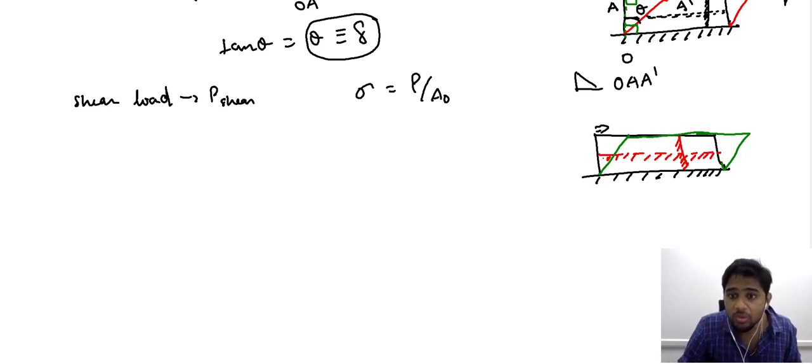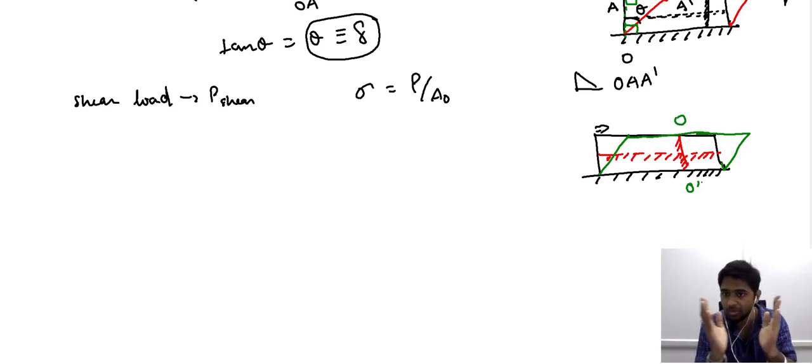However, when you consider this cross-sectional area, you see a sliding action in response to the shear load. So this cross-sectional area, say O prime, is just reorienting itself, it is not deforming.